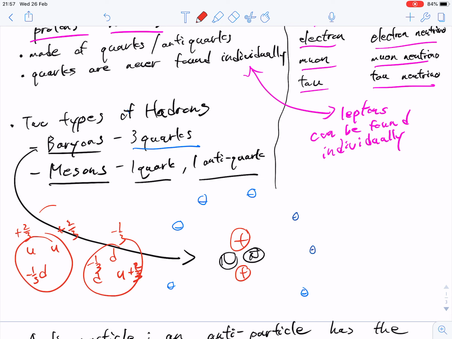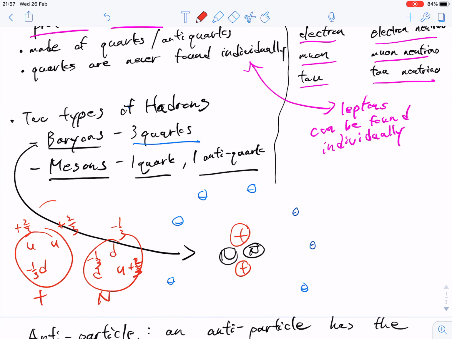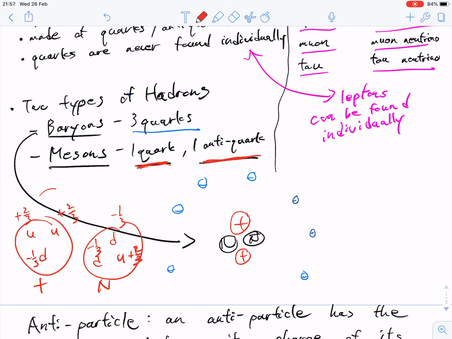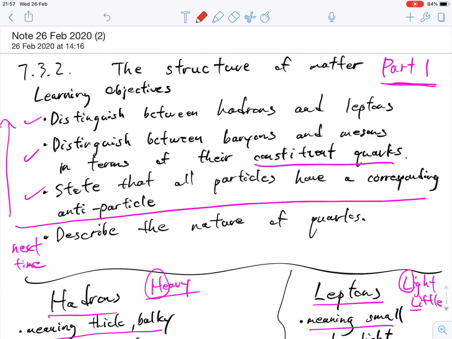So this is our neutron, this is our proton, and they're made up of 3 quarks each, so they're classified as baryons. Mesons have a quark and an antiquark. We'll talk more about the nature of quarks in the next video, so that's all you need to know for this learning objective.